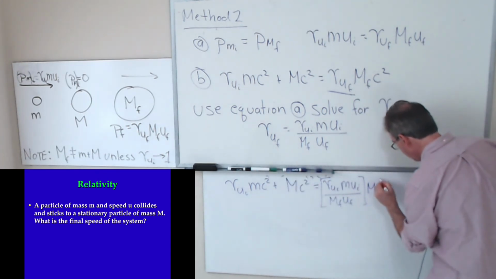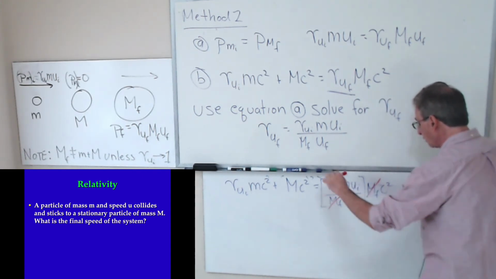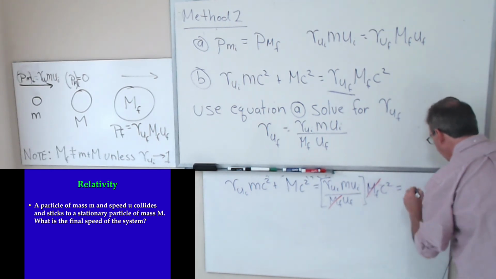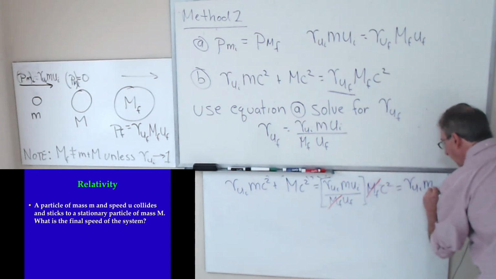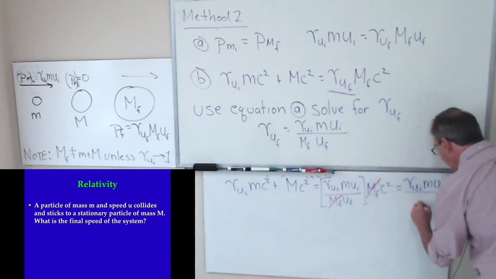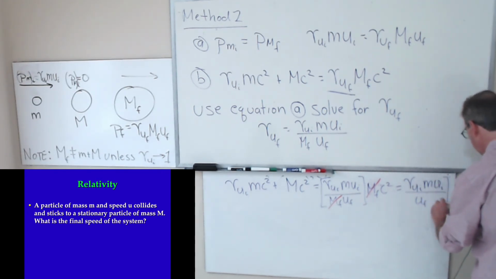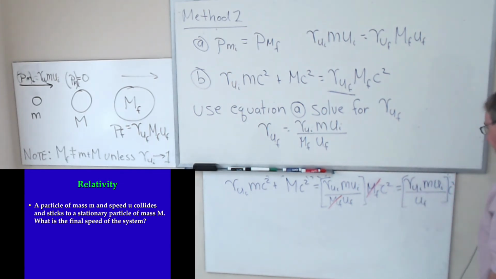Now, the m finals on the right-hand side cancel. And let me rewrite this as gamma u initial, little m, u initial over u final times c squared.